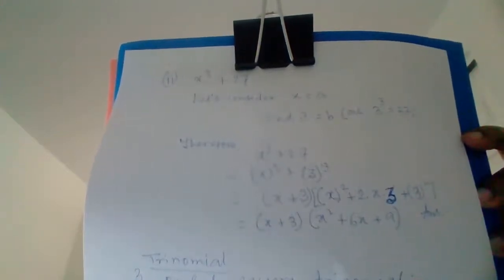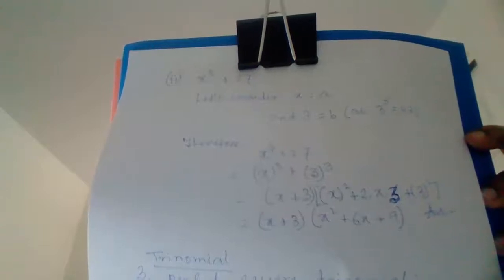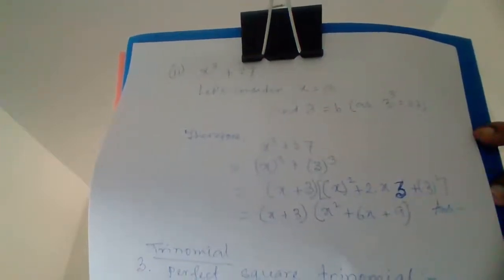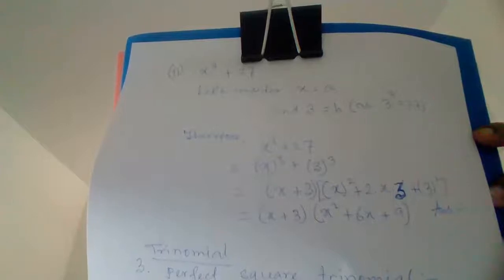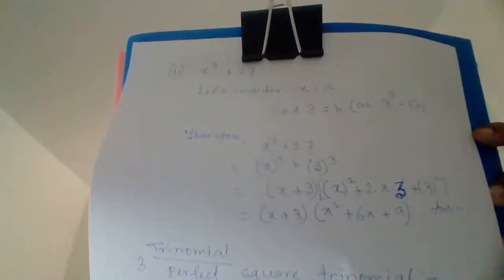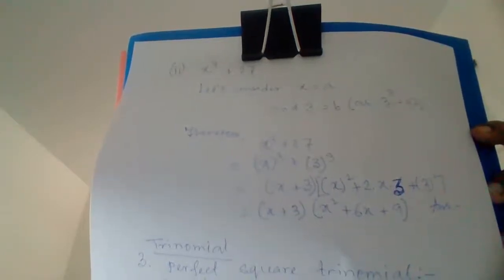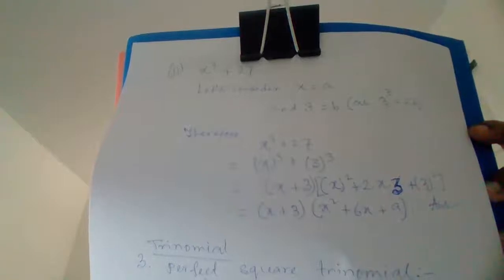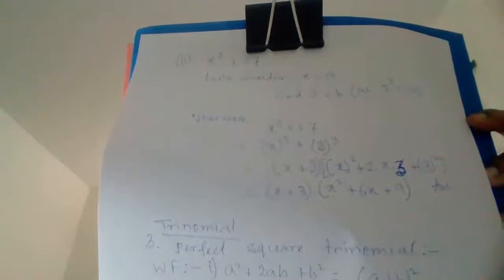And we all know that 27 is the cube of 3. 3 times 3, 9. 9 times 3, 27. So in this problem, x is occupying the position of a, whereas 3 is occupying the position of b, and it is the addition of two perfect cube terms. So it will apply the formula a cube plus b cube. And I also have applied the same formula, and I have shown you step by step how to come to the final answer.